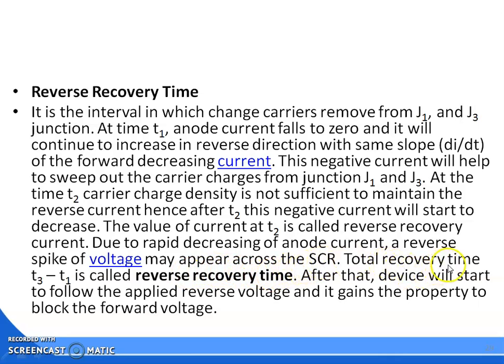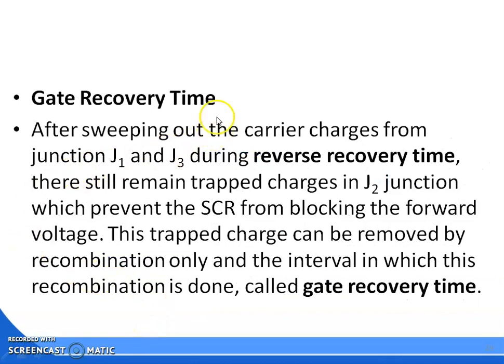The total recovery time from t1 to t3 is called the reverse recovery period or time. After that, the device starts to follow the applied reverse voltage and gains its prior property to block the forward voltage. Next, the gate recovery time, defined by tgr.